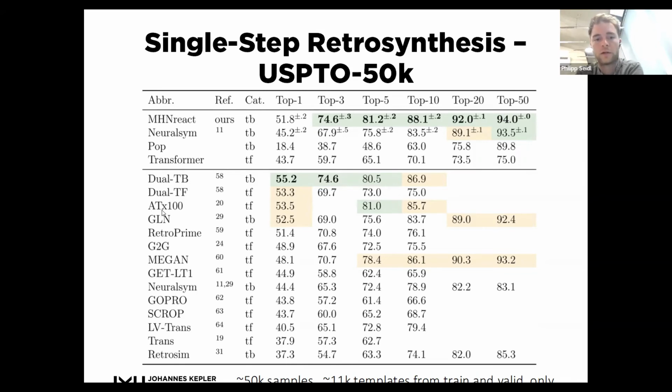Also, if we look here, ATX100, this is an augmented transformer variant, which has 100 times augmentation, and it performs also in the range of around 81% in this top 5 setting, which is also very good, but again, needs a lot of augmentation.